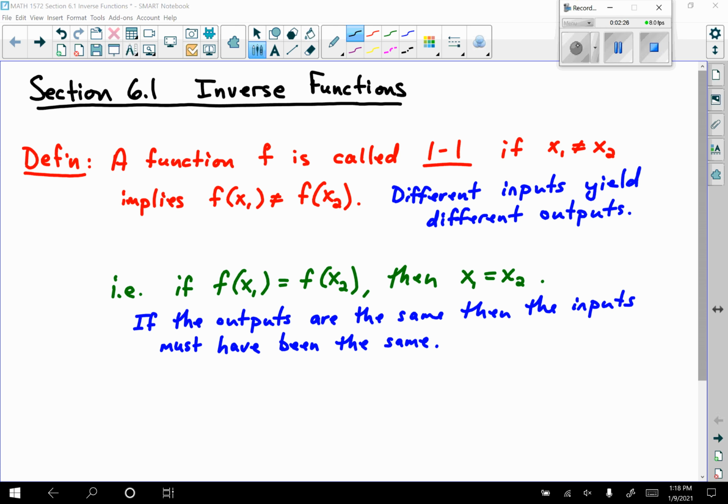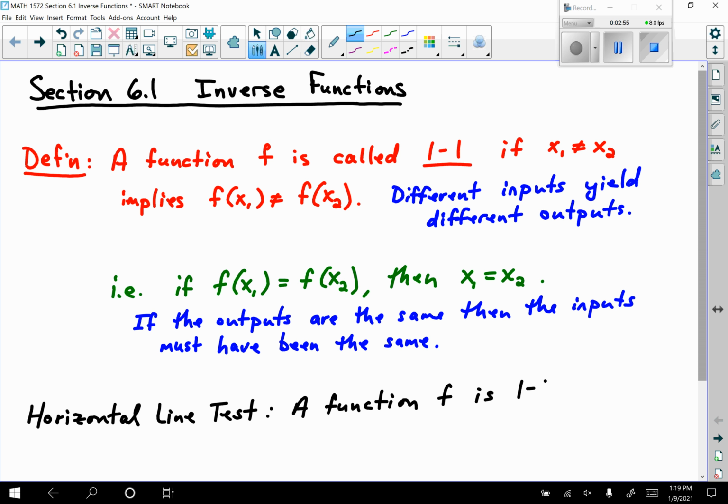All right, just as I mentioned, a function itself has to pass a vertical line test, but a one-to-one function needs to pass a horizontal line test. So we'll say a function f is one-to-one if and only if a horizontal line intersects its graph no more than once.